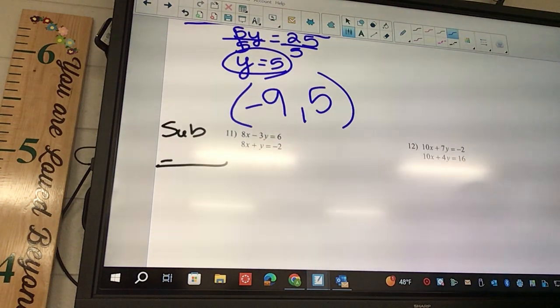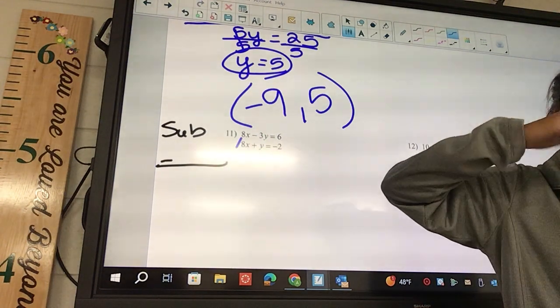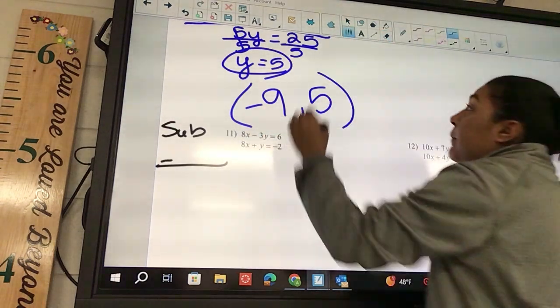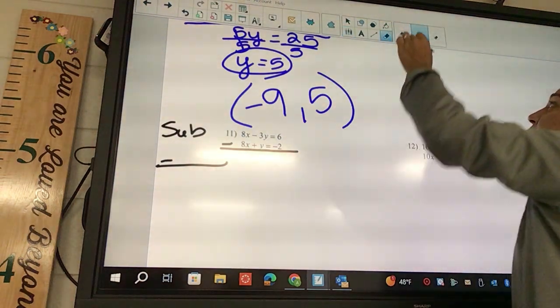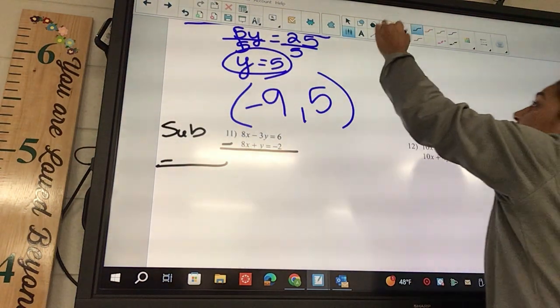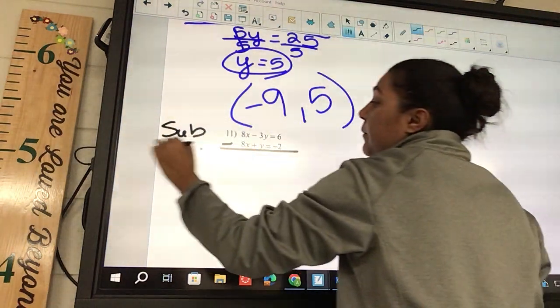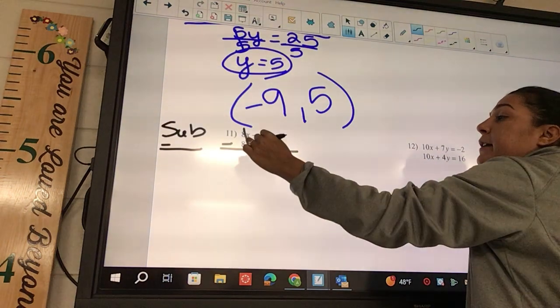Okay, 11, we know we're going to subtract because they're both the same, they don't have a different sign. So you're going to subtract these two equations together. We're going to say minus, what is 8 minus 8? 0, and so that's how that cancels. Then -3 minus 1.